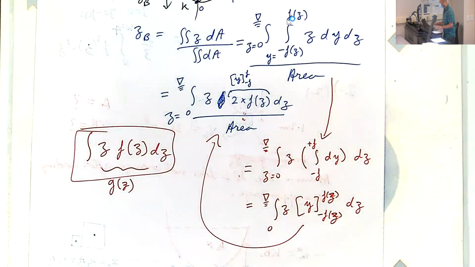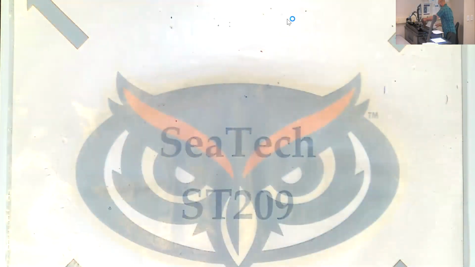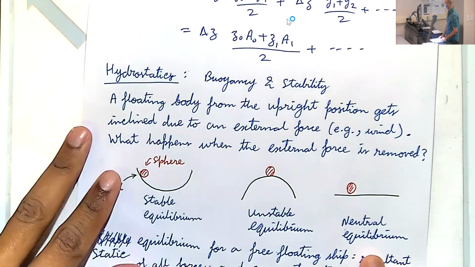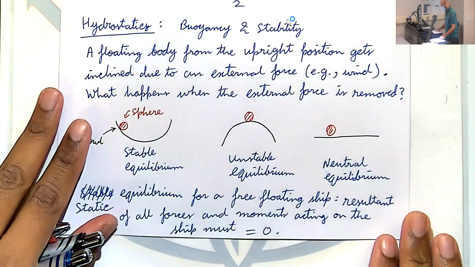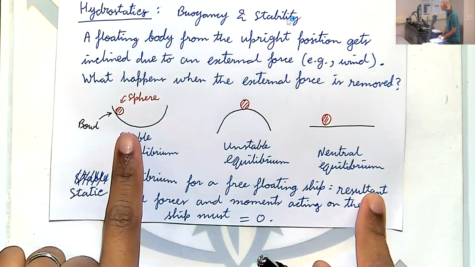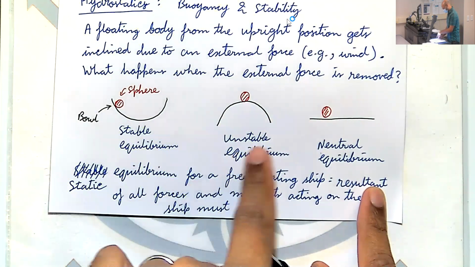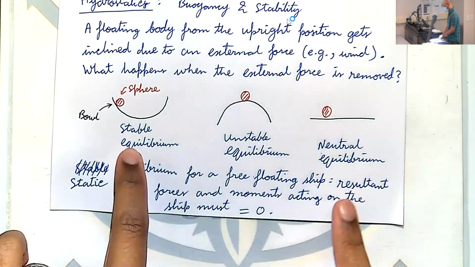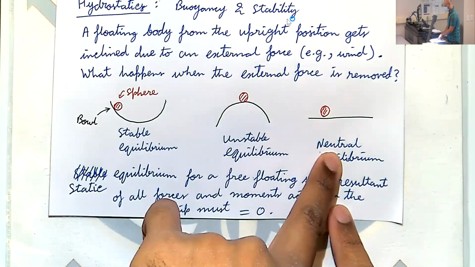Okay, so let's go back to talking about stability. Just to recap, we had talked about this very simplistic scenario where we have stable equilibrium, unstable equilibrium, and neutral equilibrium.